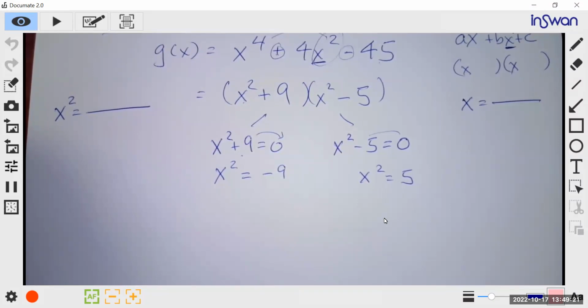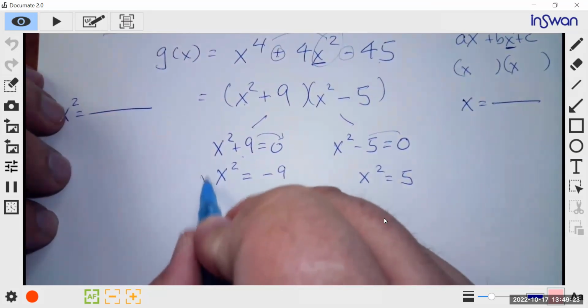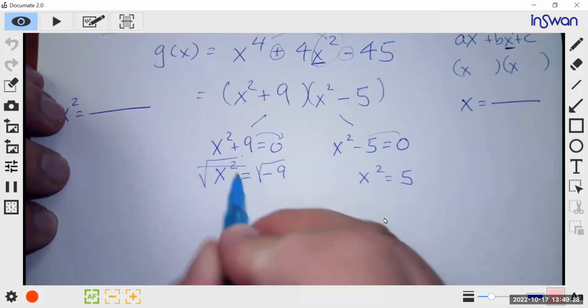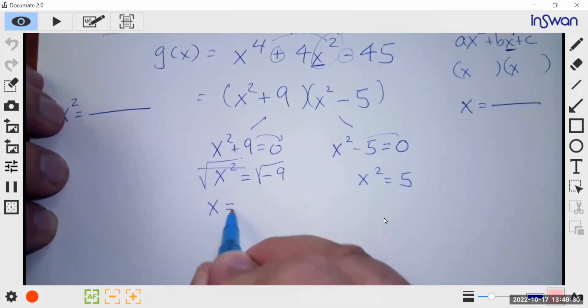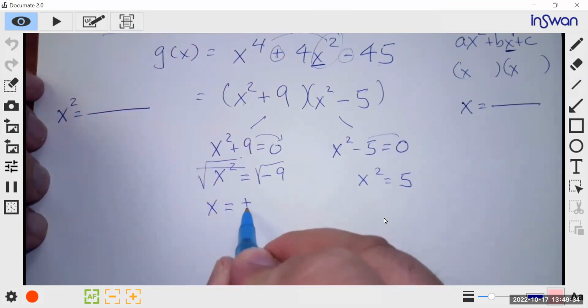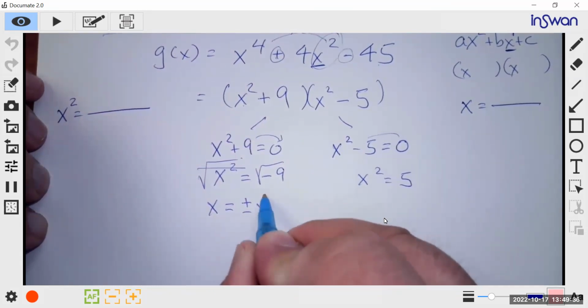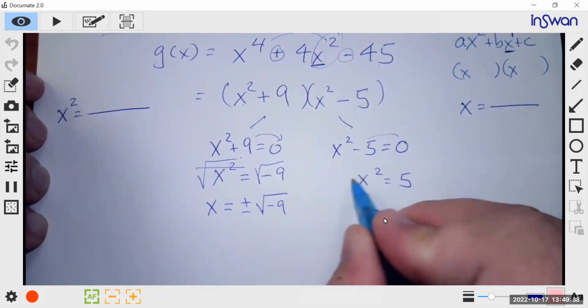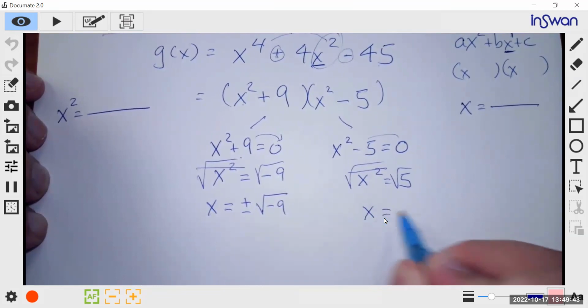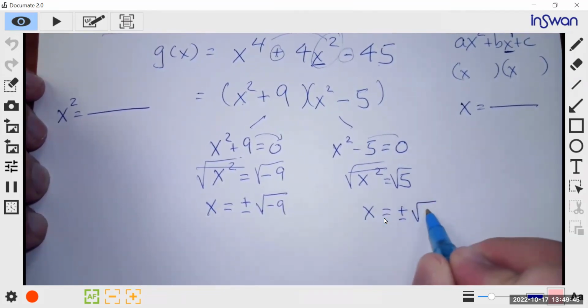Nope. Square root both sides. Since you square root something squared, what happens on the right-hand side? Plus and minus, very good. Do that to both of them. Plus or minus square root of 5.